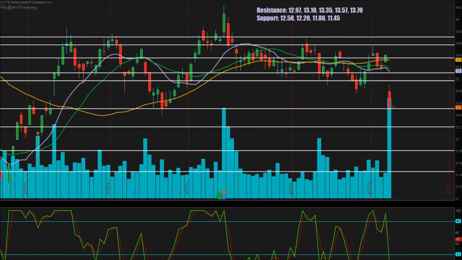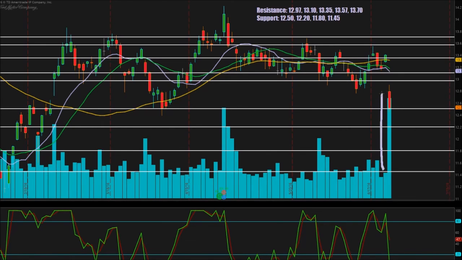Now, if it does break to the downside, then we're looking next at $12.20. So let's see what percentage that would be of a decrease. All right, it's 12.50 to 12.20. You're looking at a 2.4% decrease. So in my opinion, I don't really see it breaking that support if it does sell off anymore.